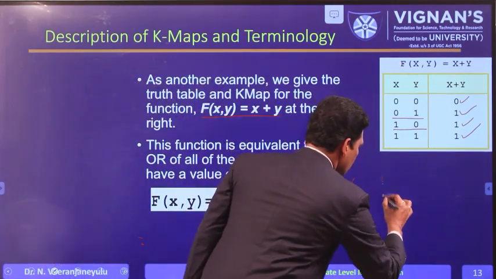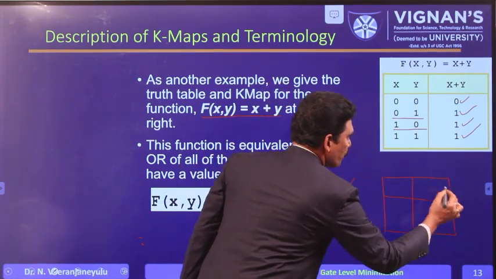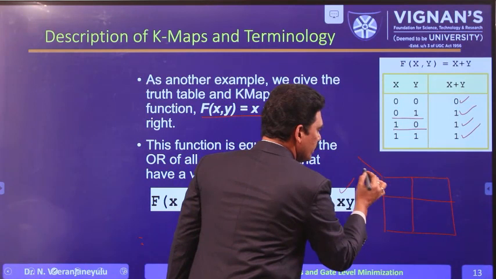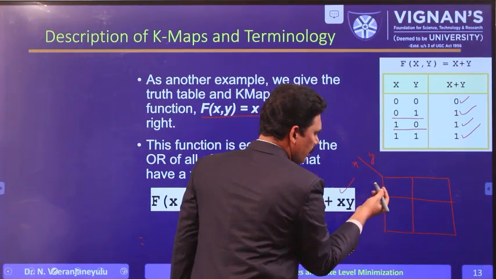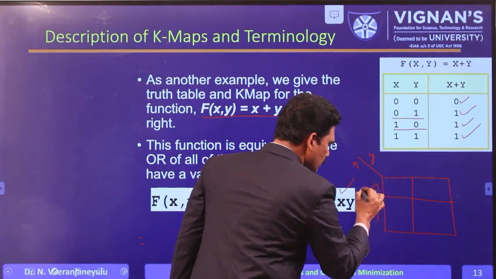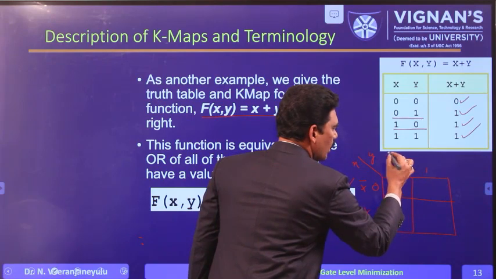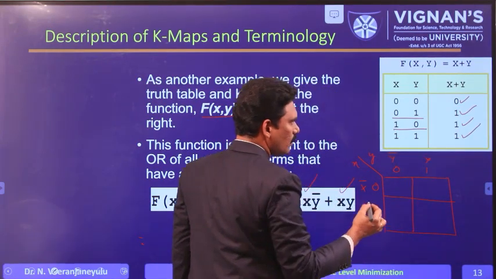So here this is one table. We have the variables x, y. This is 0, 1, that means this is x bar and this is x. And this is 0, 1, this is y bar and this is y.